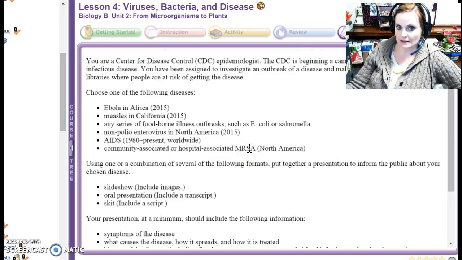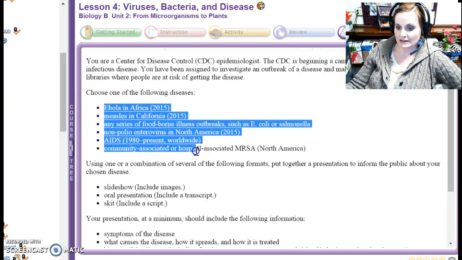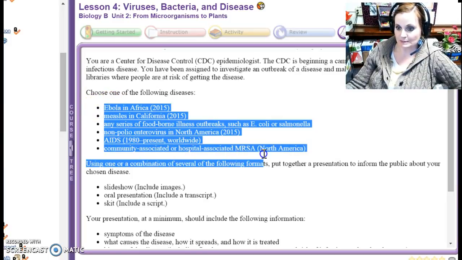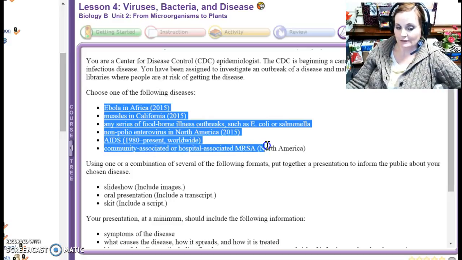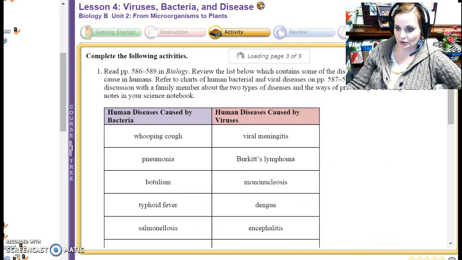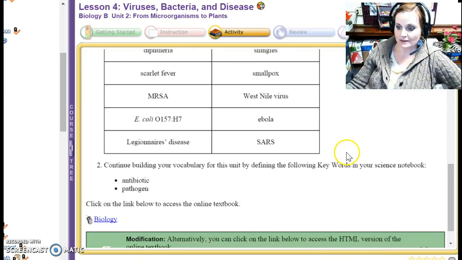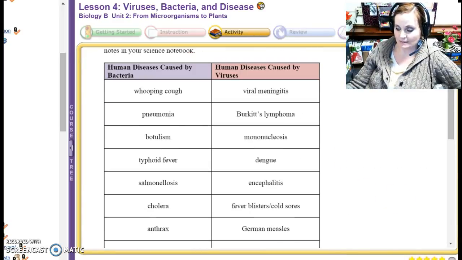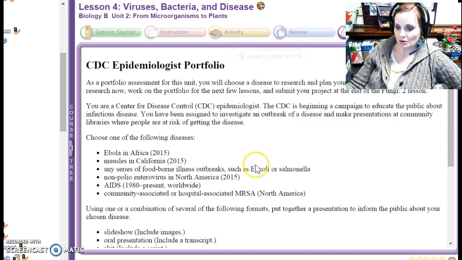Now I'm going to be modifying this portfolio a little bit because it asks you to choose one of these 6 diseases here and to focus on these specific outbreaks. And I'm going to be allowing you to broaden that base. You can go back to slide 3 and pick any one of these diseases from slide 3. You can also pick one of these, but those are also mentioned in slide 3.